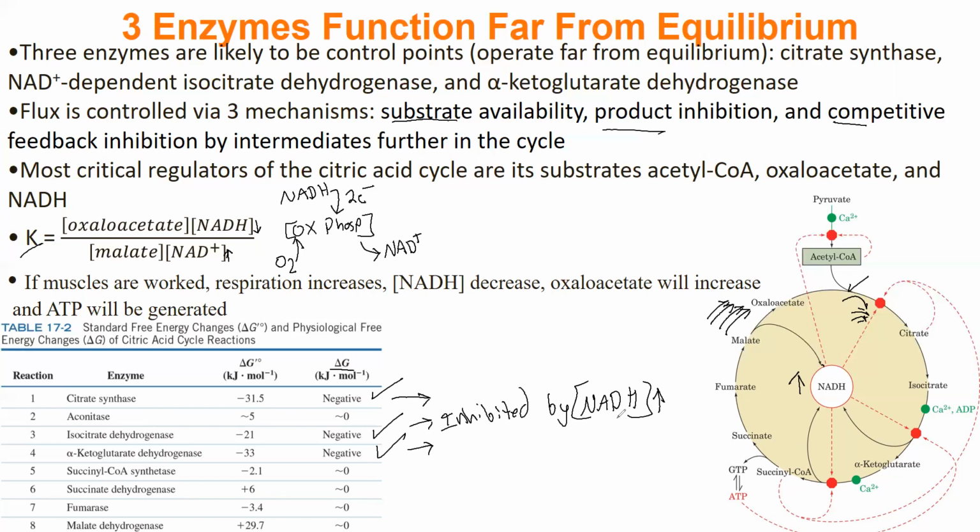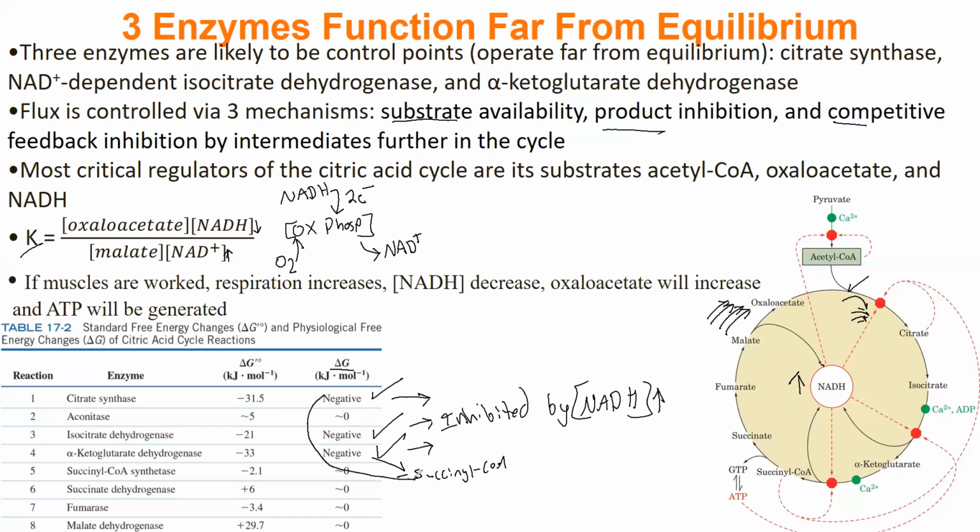Looking at this plot a little bit further, we can also see that there are other intermediates that inhibit things. Succinyl coenzyme A will inhibit alpha-ketoglutarate dehydrogenase, and it also inhibits citrate synthase.